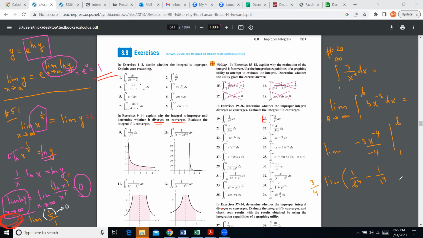That's what I have to find the limit of. Please double check. And b is approaching infinity. So the first piece just goes away because that's 0.